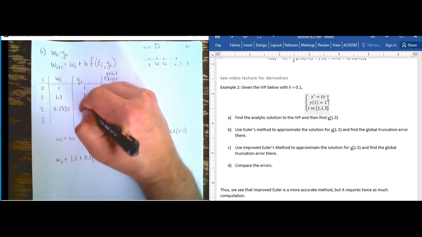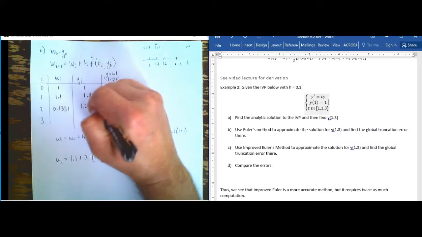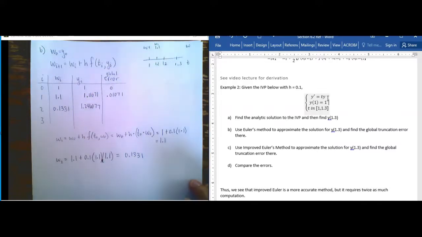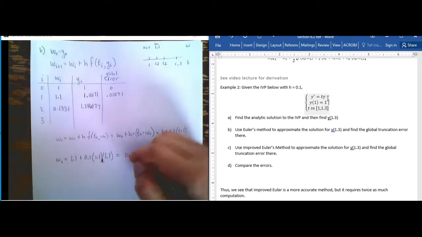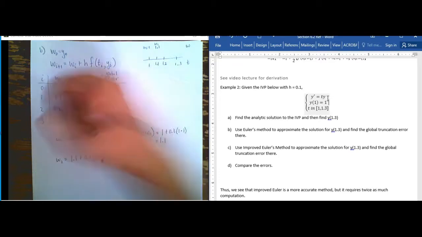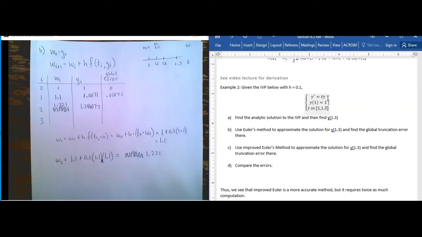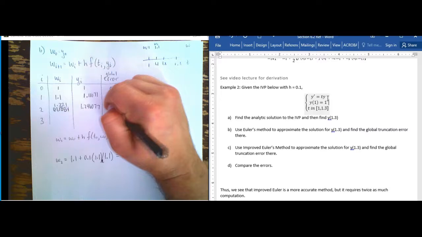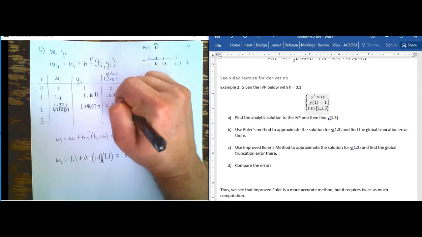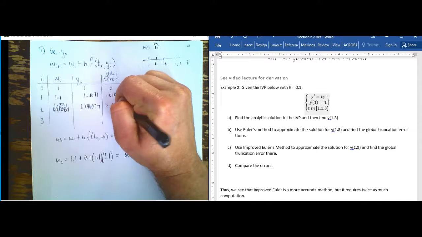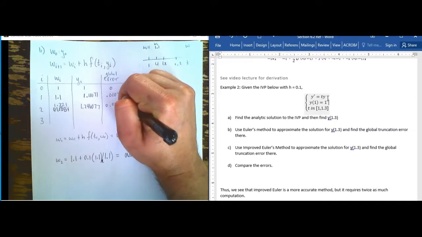Excuse me, this is incorrect. This is 1.221. So I'm getting an error of 0.0277.